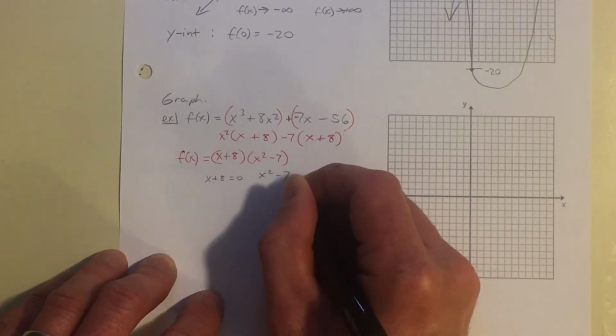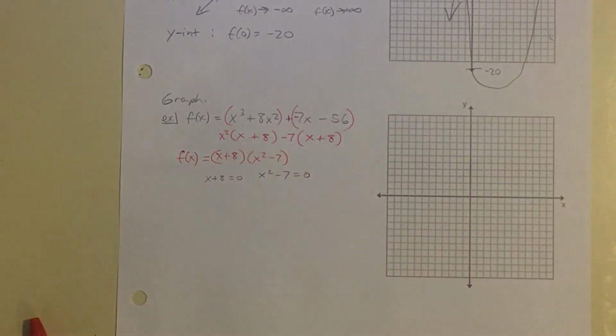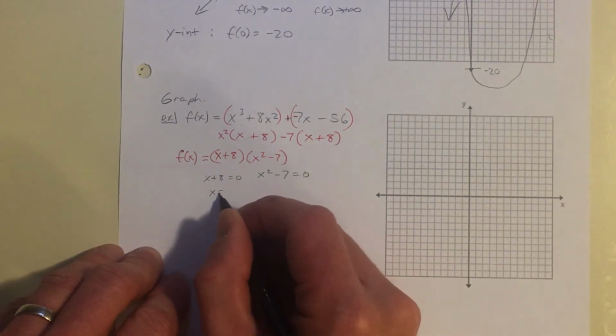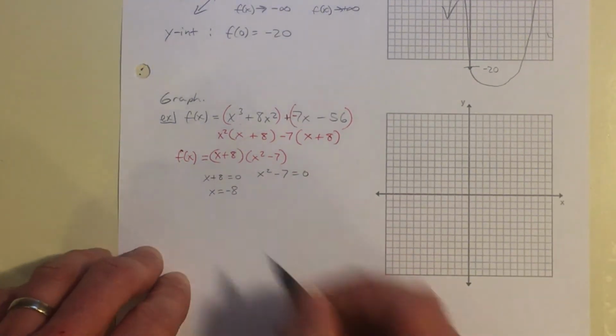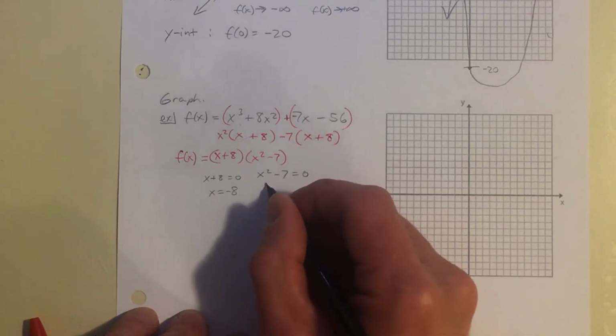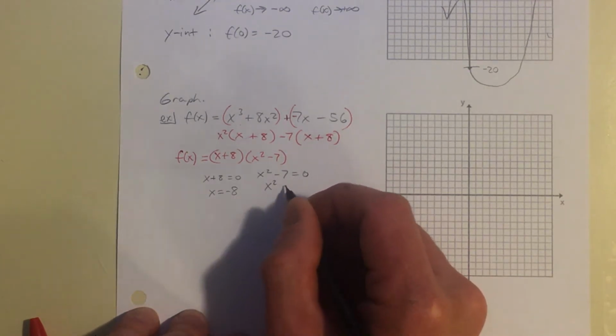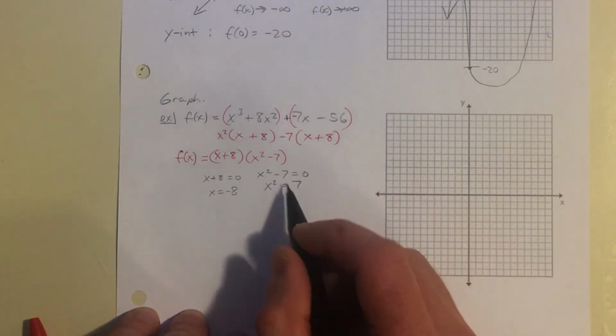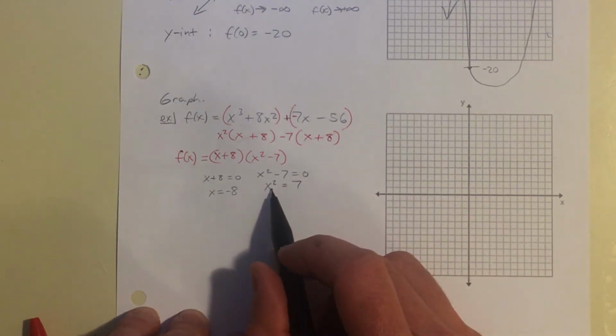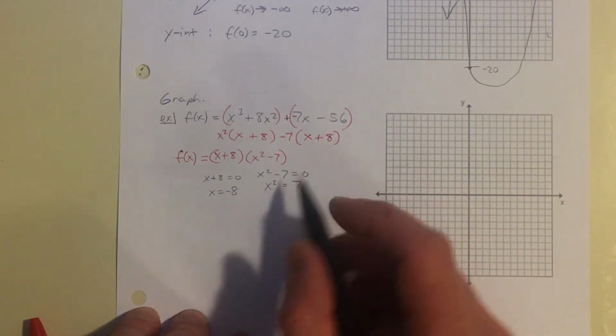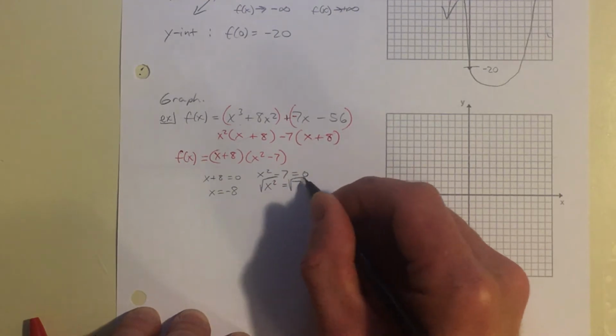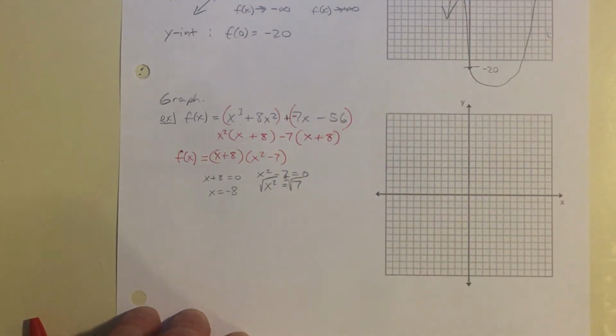Okay, this is the full story that we don't always show. So that's where we're getting minus 8, because we're subtracting 8 over. But on this one, because of that x squared, we got a little extra work to do. So you are going to add the 7 over. But then how do you undo the squaring to get x? Well, you square root. When you square root, you need to make sure to put plus or minus.